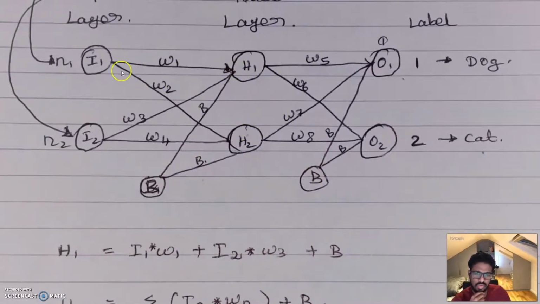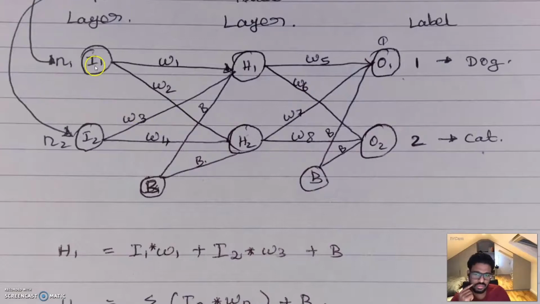The same way we are going to calculate the H2 as well, like I1 into W2 and I2 into W4 plus bias will give you the H2 value, and then if you apply sigmoid to it, it will give the activation value of H2. So the same way we are going to calculate the values of the other layer as well, even for the output layer.